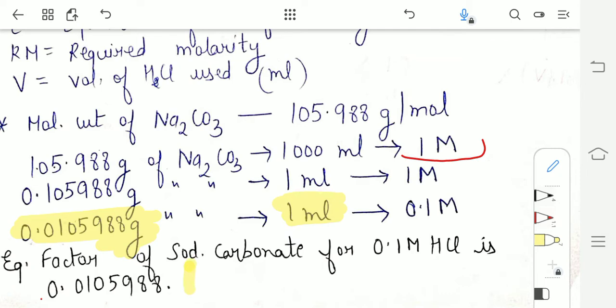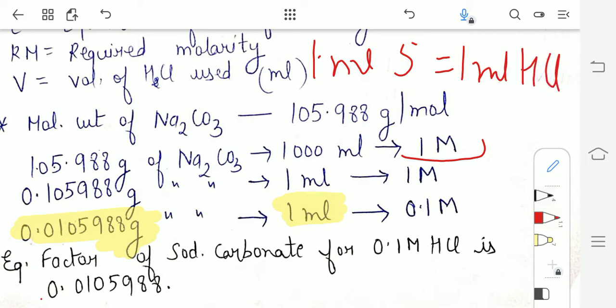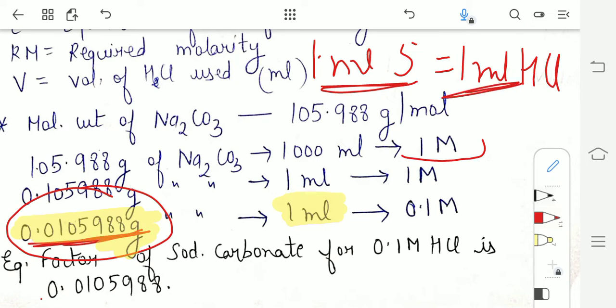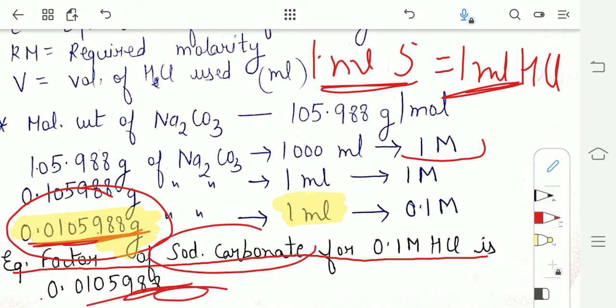So if 1 ml of sodium carbonate, I am writing S, will react with 1 ml of HCl, and 1 ml of sodium carbonate has these many grams, it means these many grams of sodium carbonate will react with 1 ml of HCl. This is the equivalent factor of our sodium carbonate. So the equivalent factor of sodium carbonate for 0.1 M HCl is this, which means that these many grams of sodium carbonate will react with 1 ml of HCl whose strength is 0.1 M.